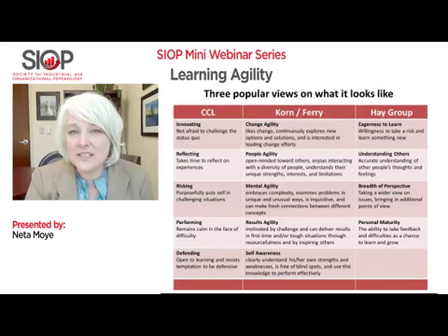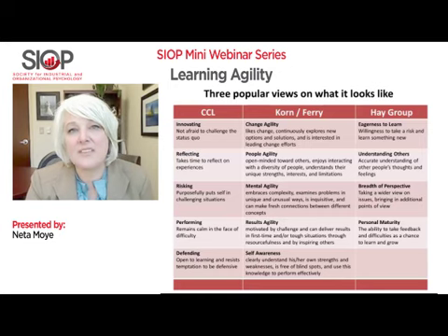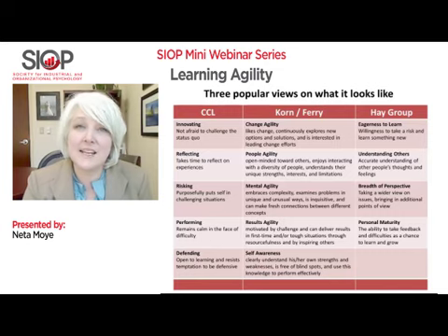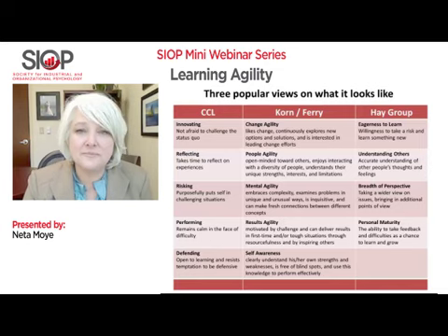We said learning agility is the ability and willingness to learn from experience. And what they've done is say, here are the behaviors or the dimensions that we think reflect this. So you see innovating, reflecting, risking, performing, etc. I should note defending is actually a derailer. So the higher you are in defending, the less learning agile you will be.